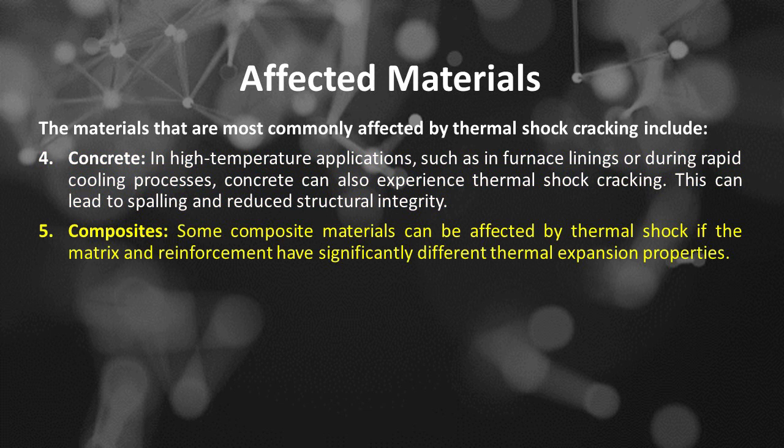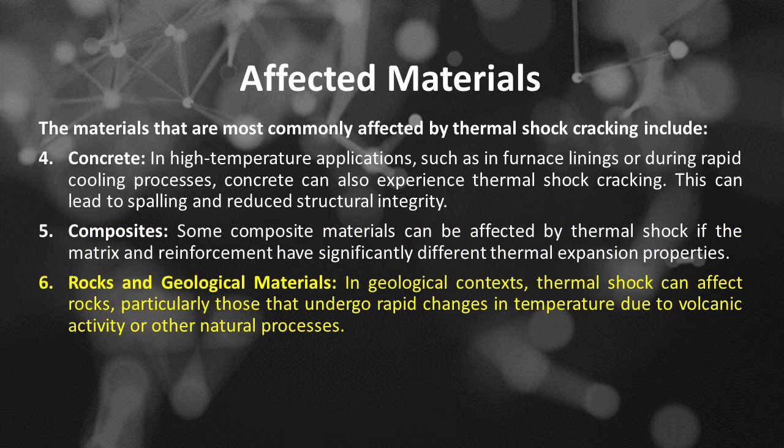Number 5 is composites. Some composite materials can be affected by thermal shock if the matrix and reinforcement have significantly different thermal expansion properties. Number 6 is rocks and geological materials. In geological contexts, thermal shock can affect rocks, particularly those that undergo rapid changes in temperature due to volcanic activity or other natural processes.